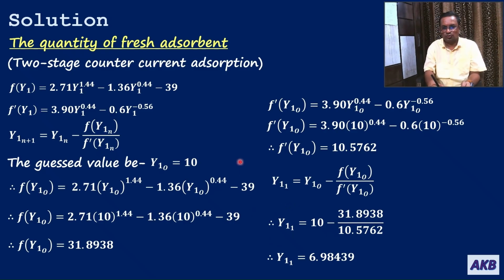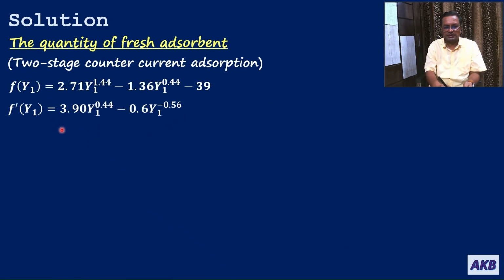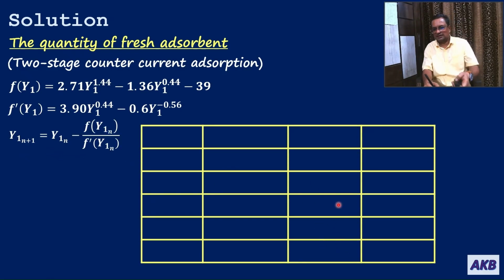So let us move ahead. I have used the function, the derivative and the Newton-Raphson method formula, and then I have done the iterative calculations. I have explained the first iteration to you. You just have to follow the same steps until you get a constant value for y1.